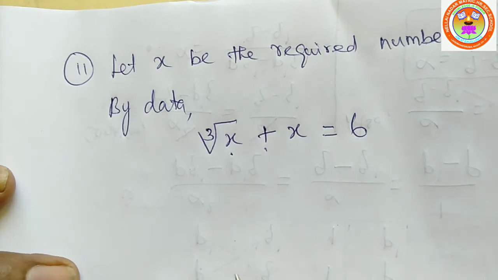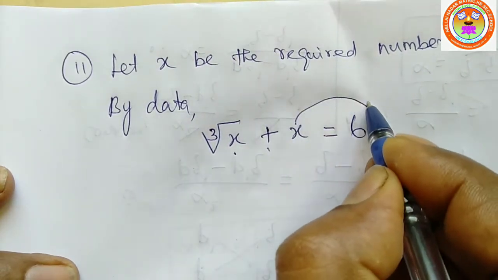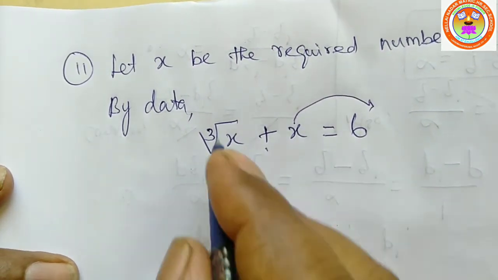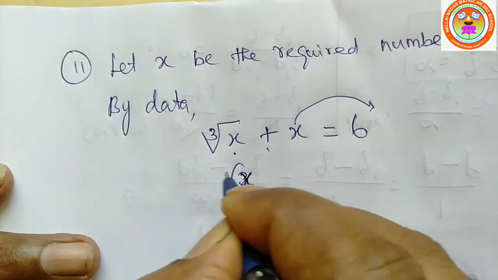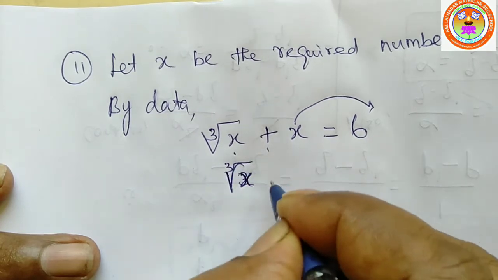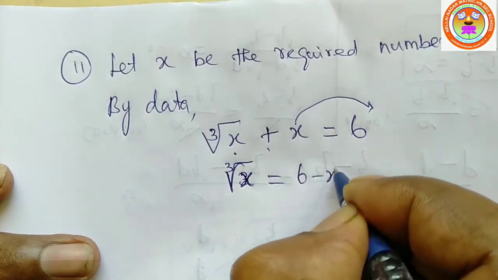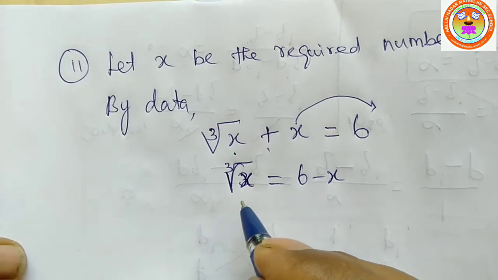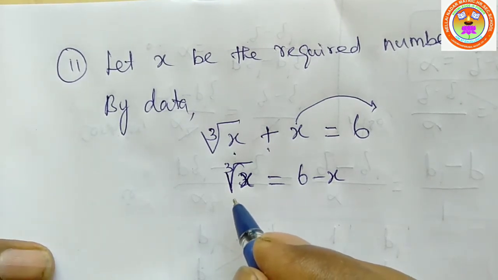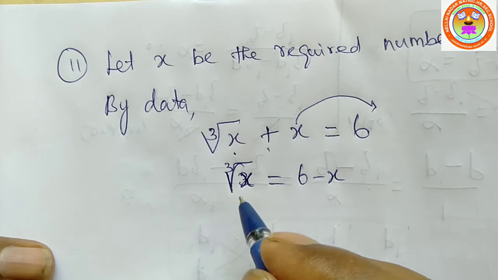For that, we are bringing this x to the right hand side. So we will get cube root of x is equal to 6 minus x. Suppose there is one square root. How can we remove the square root? By squaring.